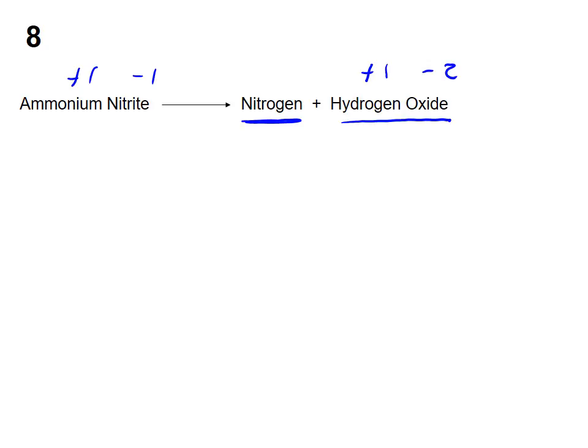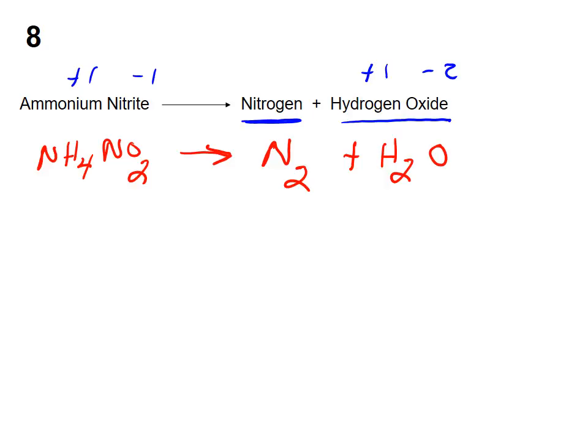So when we go to do this, ammonium is NH4, nitrite is NO2, okay? And it produces nitrogen. Nitrogen, I notice on my diatomic list, is N2, since it's by itself. And then hydrogen oxide, you have H2O.